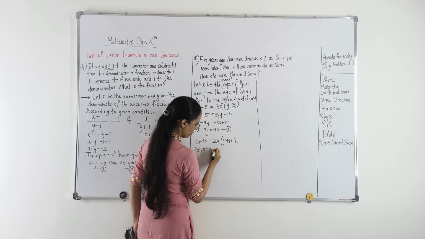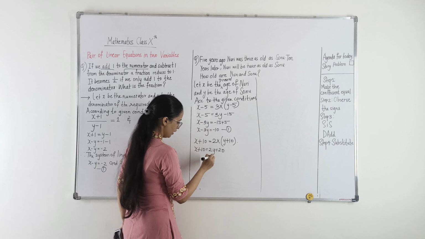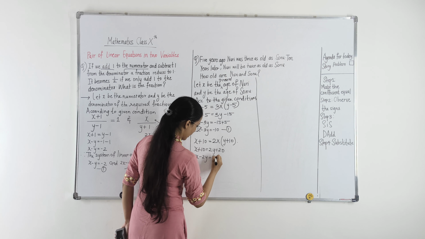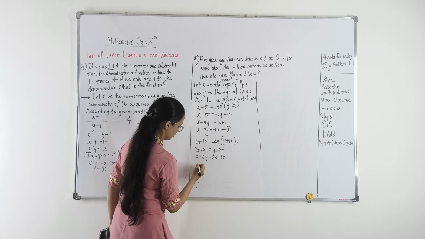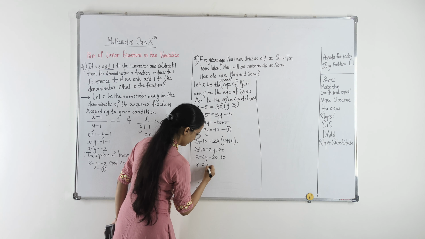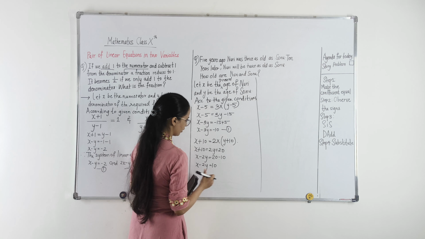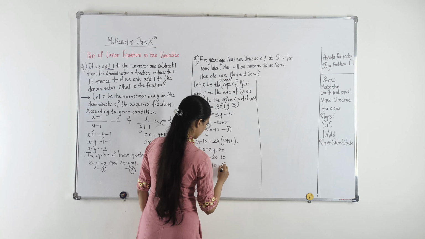So we will get 2y plus 20. Let's move on. 2y on this side and 10 on the other side. So x minus 2y equals 10. So this is your equation number 2.